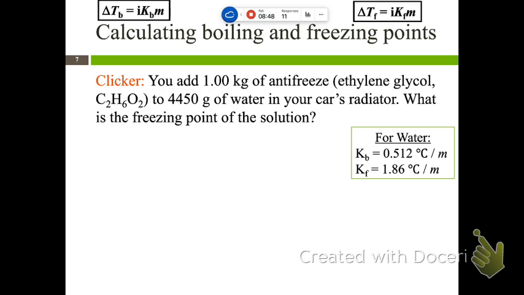I looked at the boiling. Okay. So if you show it when you don't need to. And then for the molality, did you get 16.11?